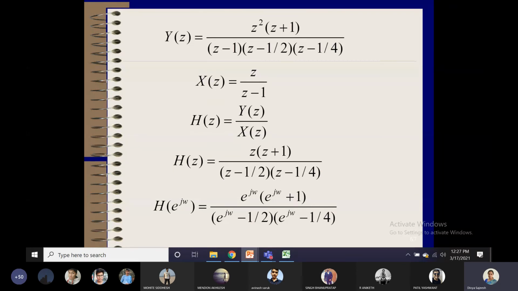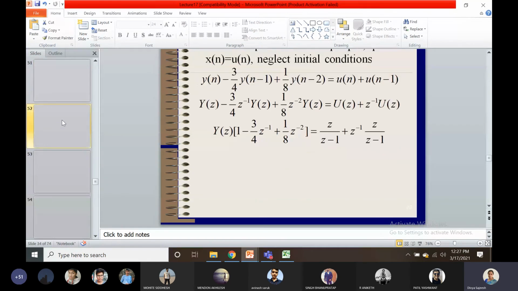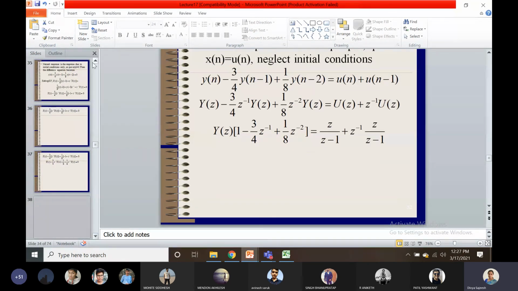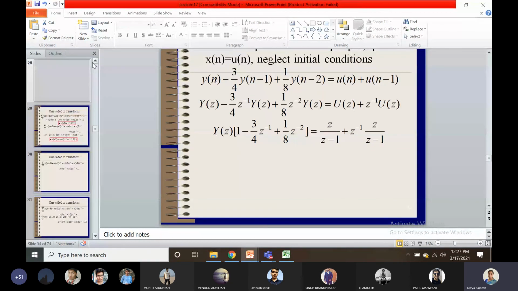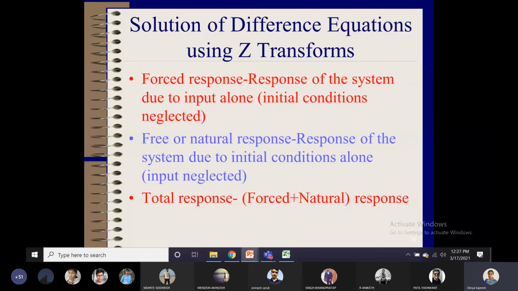So what we learned here is to find the solution of the difference equation using z transform.